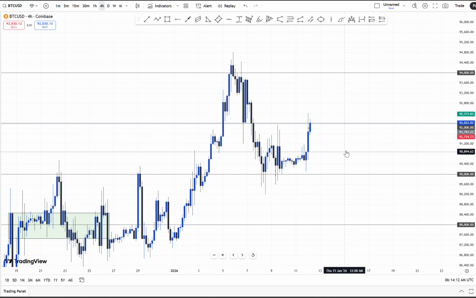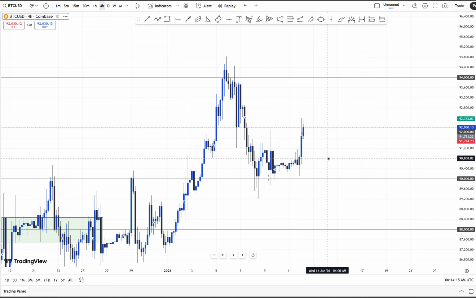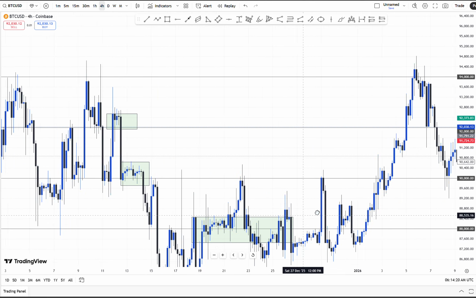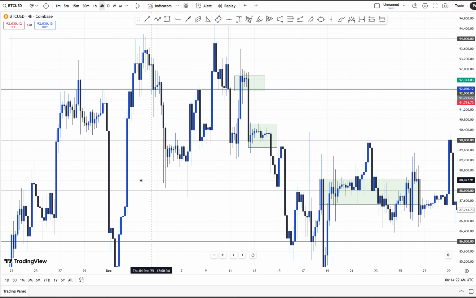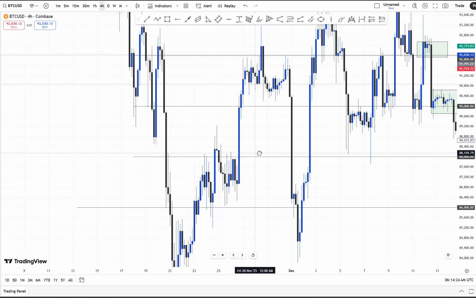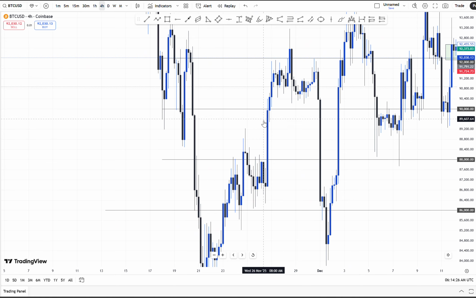Now let's come to the current price action. What are we seeing? We are seeing a strong bullish presence. It's more or less like this one. So we are seeing a very strong bullish presence.